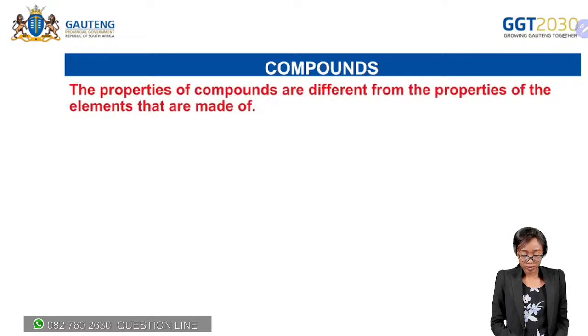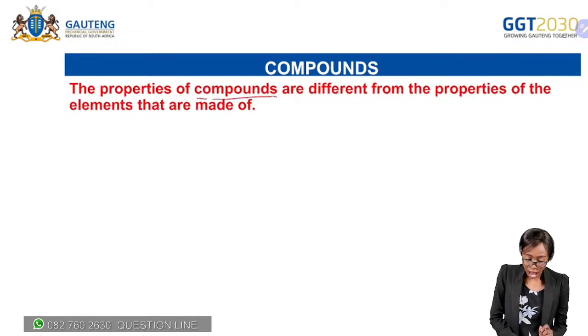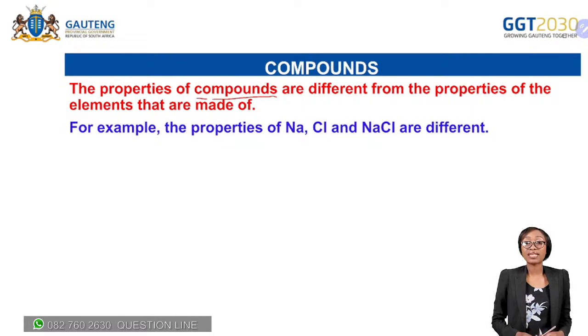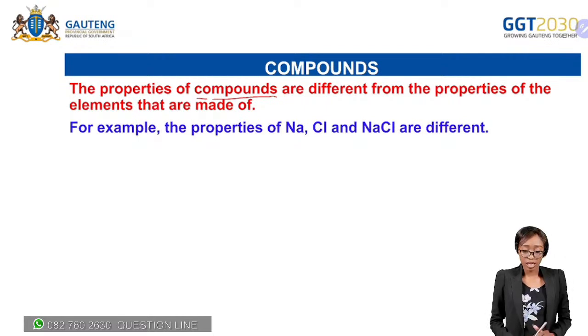Let's move on. Now the properties of compounds are different from the properties of the elements that they are made of. What do I mean? For example, if we look at the compound sodium chloride. Sodium chloride is made up of 2 elements. The first one being sodium and the second one being chlorine.